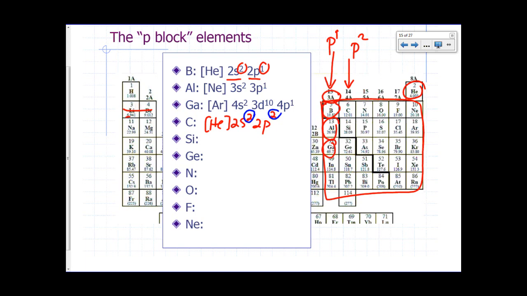In the outermost shell, the largest n, there are 4 valence electrons. So you have p2, and this is going to be p3, p4, p5, and then this group right here, p6. Remember, helium is just 1s2. So that's the pattern in the electron configurations.